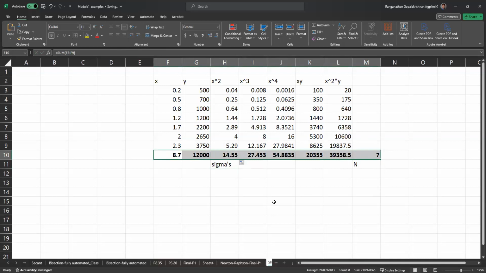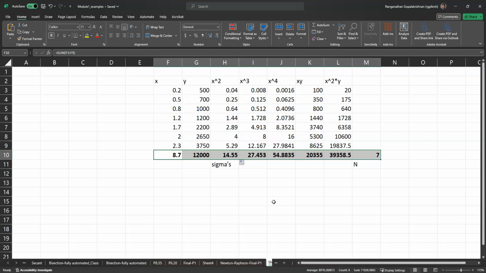I'm going to form 3 equations in 3 unknowns. What is the first equation? Sigma yi equal to a naught n plus a1 sigma xi plus a2 sigma xi squared. What is sigma y?